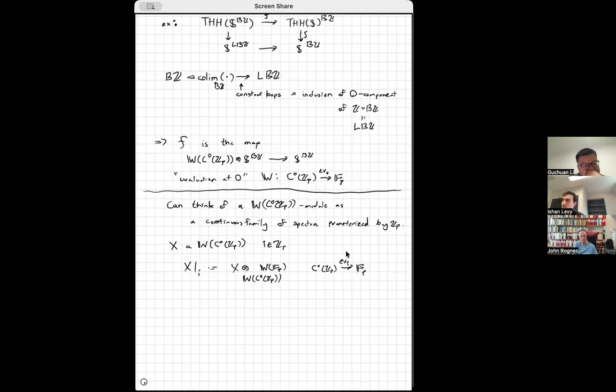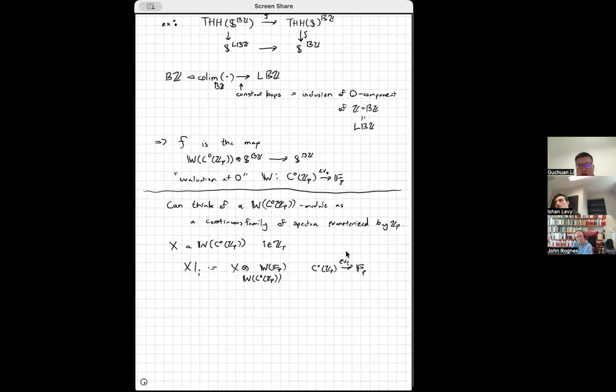For example, if you have a map of modules over this ring, then it's an isomorphism if and only if it's an isomorphism at each point in Z_p. That's something you can see.